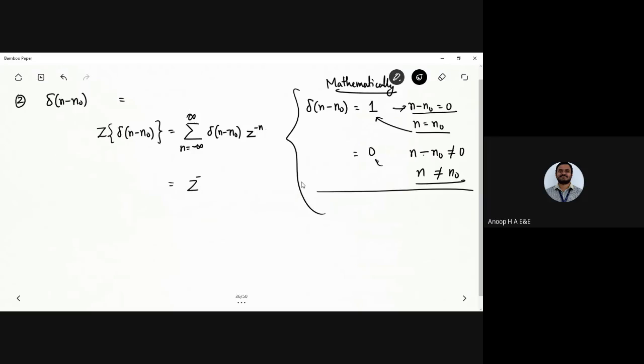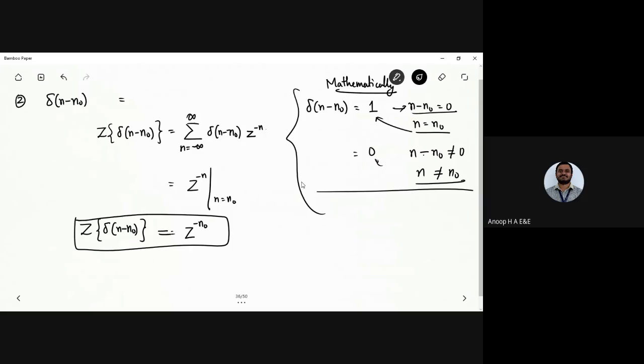I can write it as z power minus n at n equals n naught, so that would be z power minus n naught. So the z transform of delta of n minus n naught would be equal to z power minus n naught.